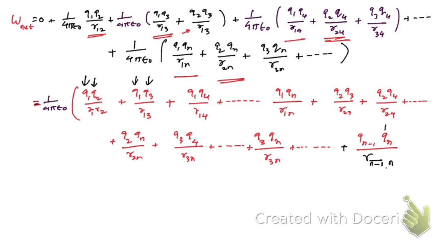So if the last charge is qn, then the charge before the last one, which is brought to its respective position, is qn minus 1, right. If this is the nth charge, then it must be the n minus 1 charge. So hope you have understood this.